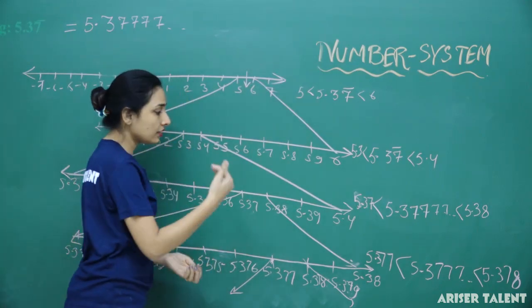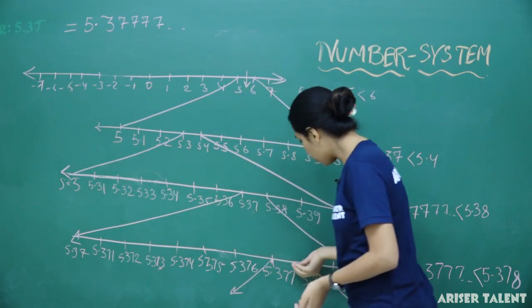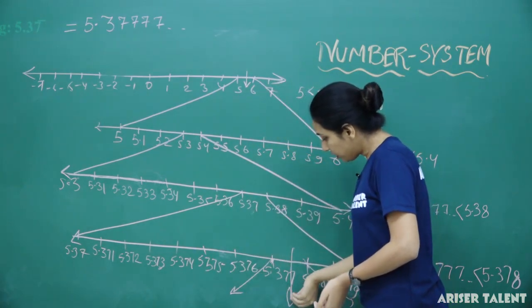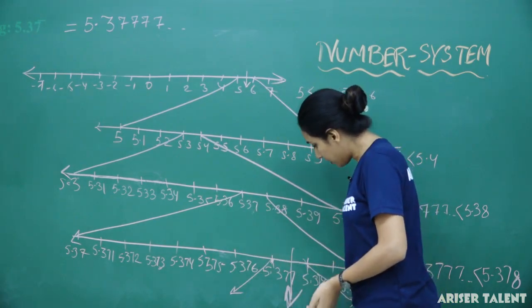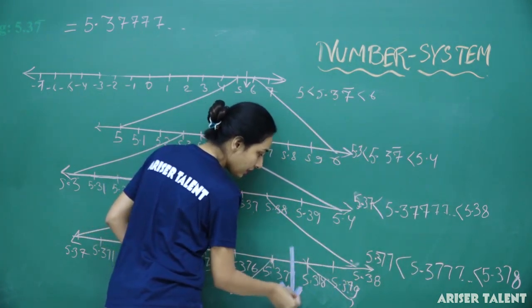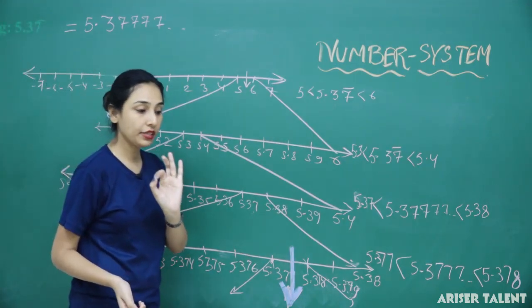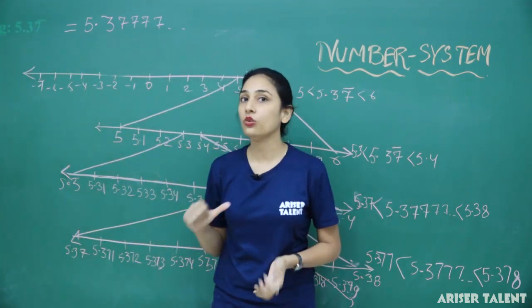Okay, so we can just go through 1, 2 or 3 steps, and now we are sure that somewhere here the value will lie, but we do not know the exact point where the value lies.